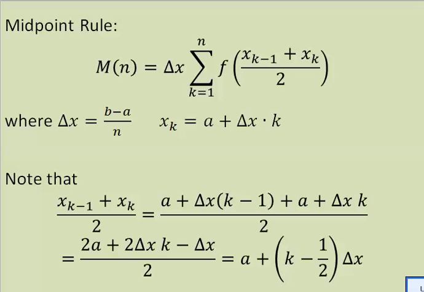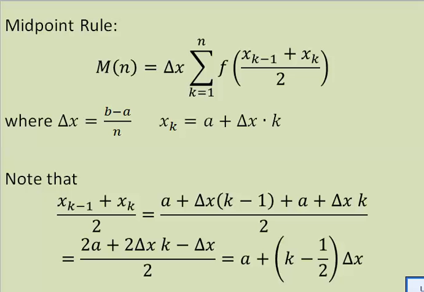So we're going to use the midpoint rule, and I'd like to point out that the midpoint rule just uses the average of the two endpoints of each subinterval. So here I just came up with a formula for (x sub k minus 1 plus x sub k) all over 2. You don't have to use the formula, but for this problem I will, just because we have 8 subintervals to do.